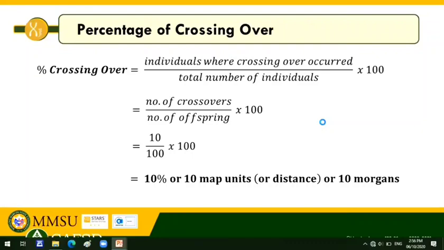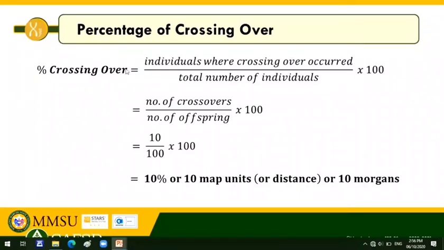So, the number of recombinants between loci is used to calculate distances for each pair of loci. Okay? So, the percentage of crossing over among all offspring of a mating is also called map distance. So, yung percent crossing over, also called map distance. Alright?